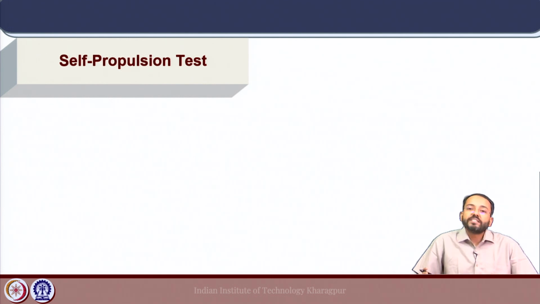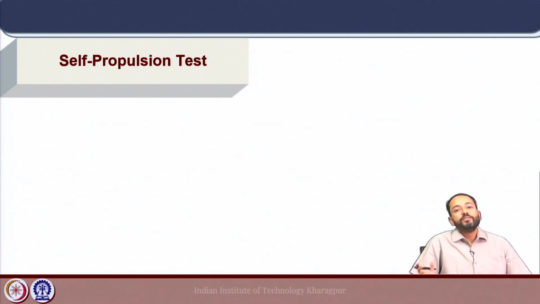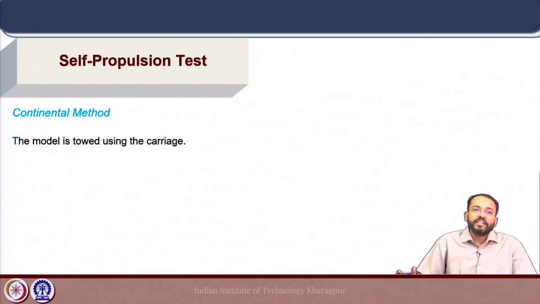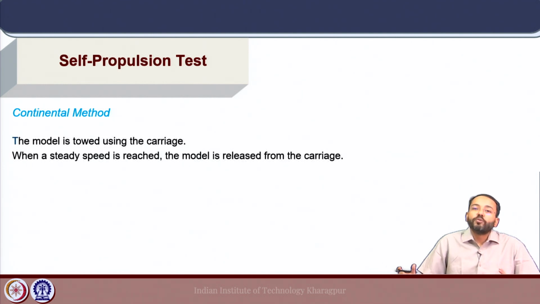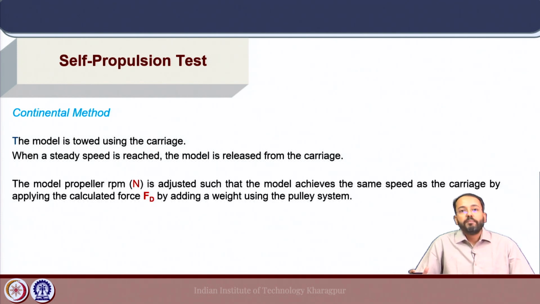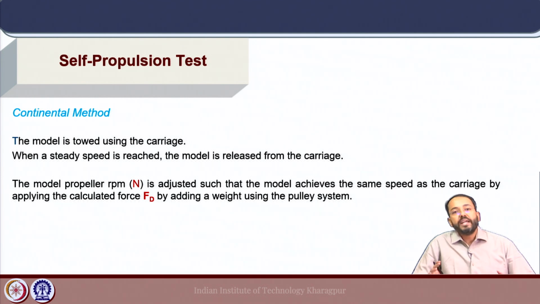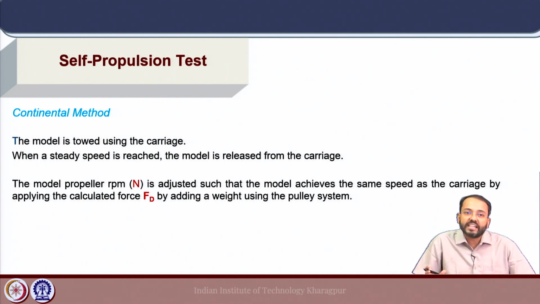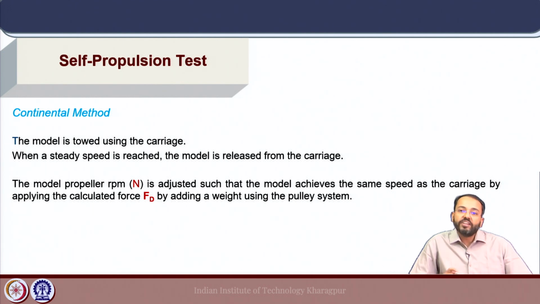Now, the self propulsion test can be done typically using two standard methods. The first method is the continental method. Here the model is towed using the carriage, and when a steady speed is reached, the model is released, and we maintain the propeller RPM and adjust it in such a way that the model achieves the same speed as the carriage, and the force which is calculated, FD, the skin friction correction force, is applied by a weight using a pulley system.